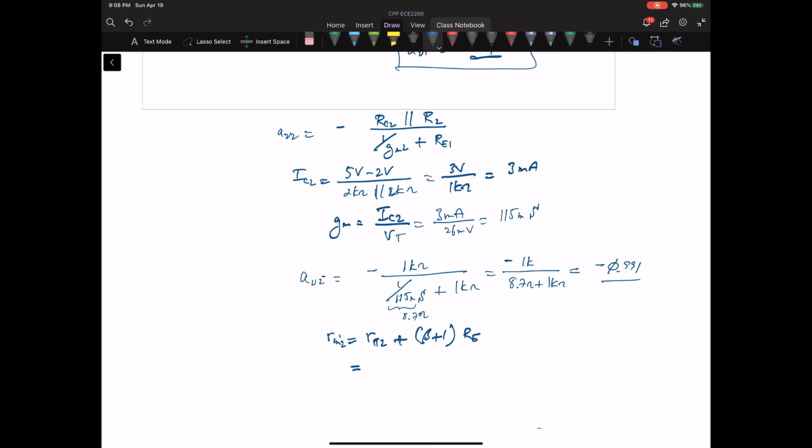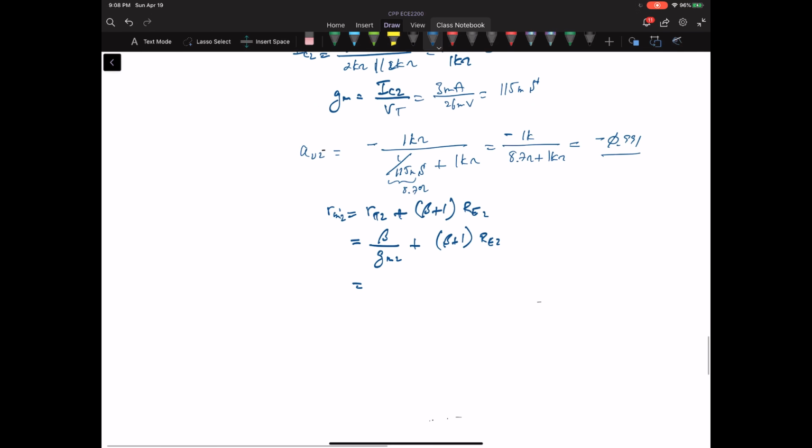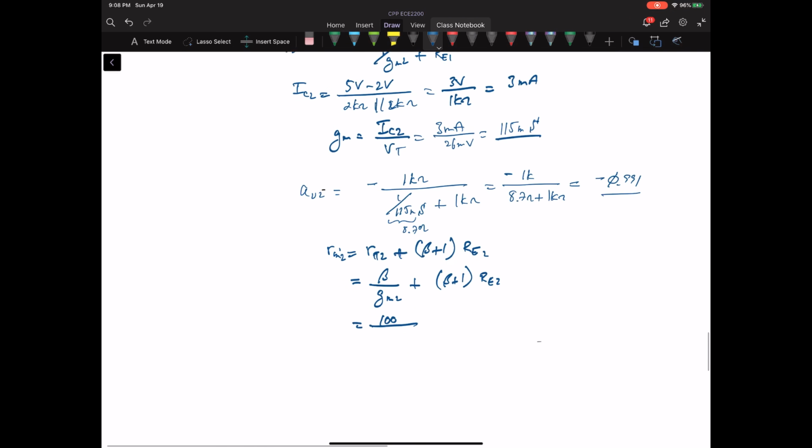R pi 2 is beta over gm2, plus beta plus 1 times RE2, which is 100 over gm2, which is 115 millisiemens, plus beta, which is 100, plus 1, times RE2, which is 1 k ohm.